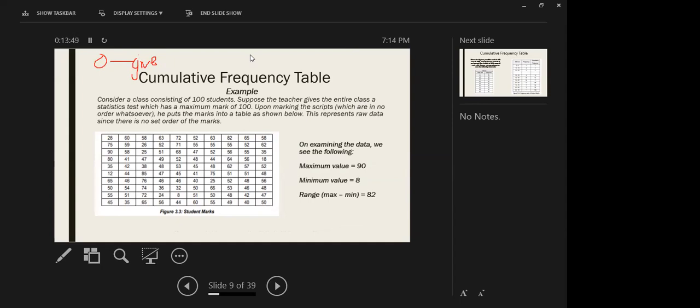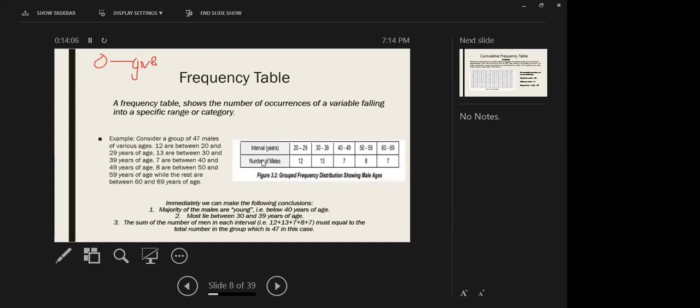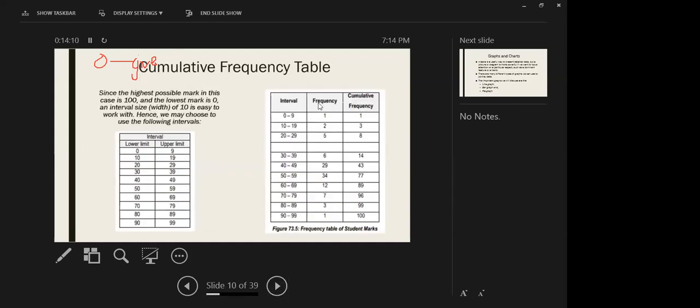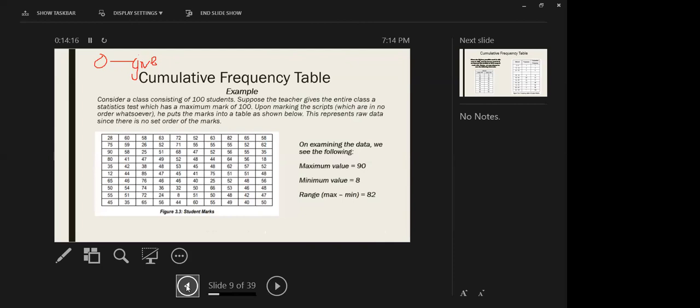So a cumulative frequency table is a frequency table that has an extra column. A frequency table from the previous example has the interval and the frequency itself. But now a cumulative frequency table has got a third column called cumulative frequency. So I'm going to explain how you come up with that.